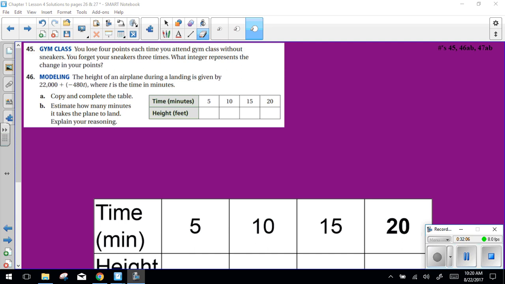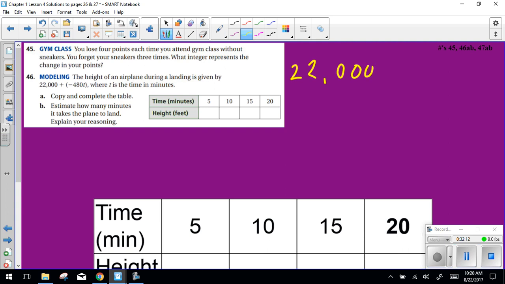Okay, so just so you understand this, 22,000 plus -480t. So what's really happening is we're adding on a negative, and all of you know when you add on a negative, you're really subtracting. So every minute, this plane comes down 480 feet.